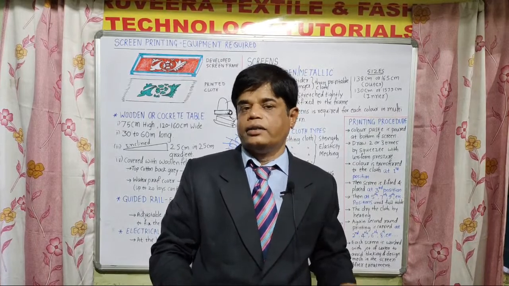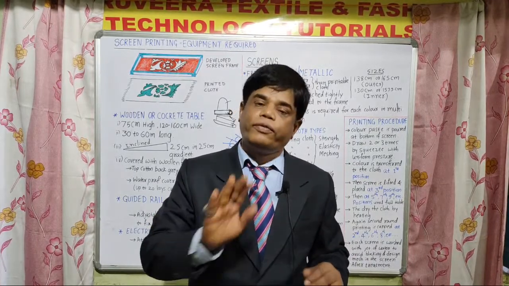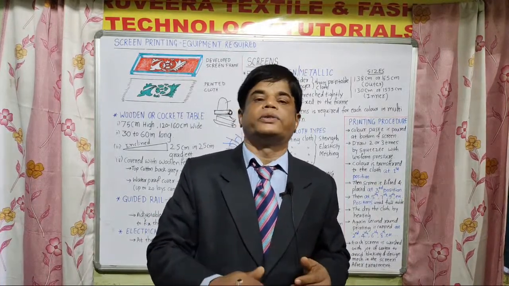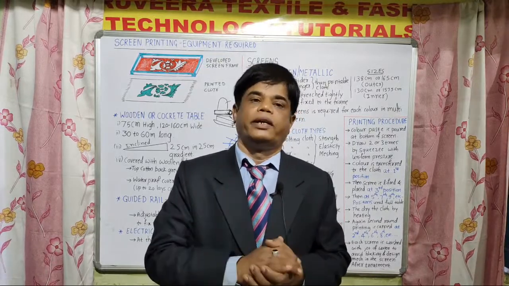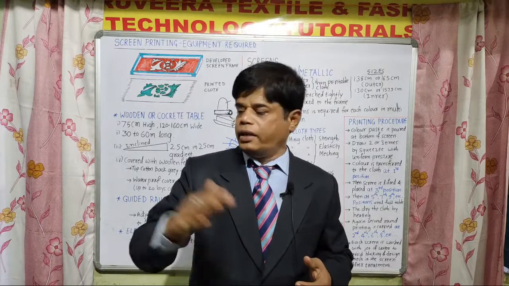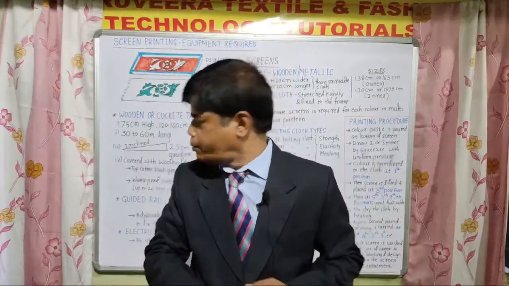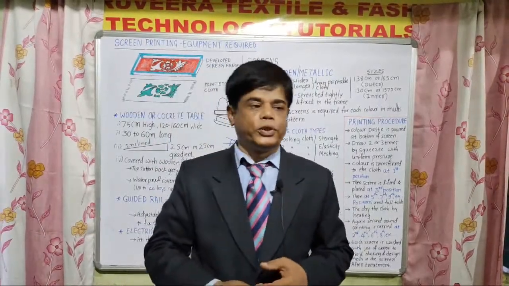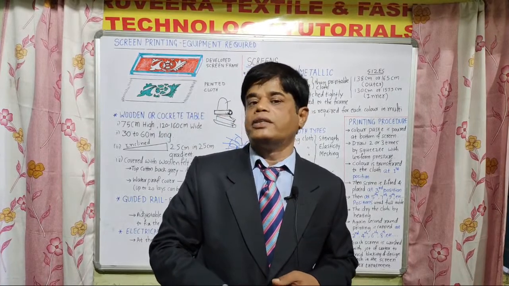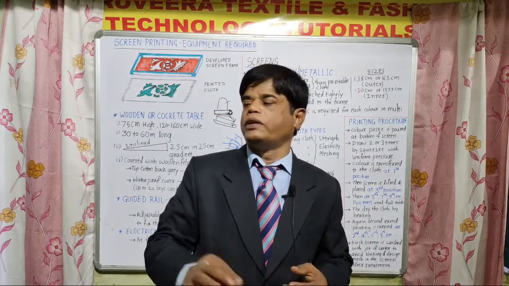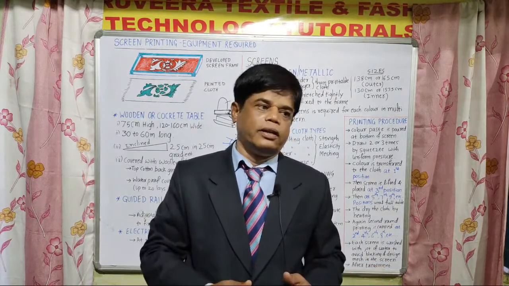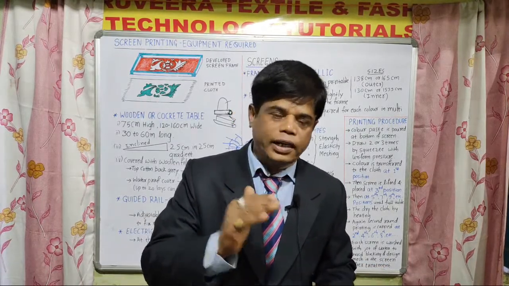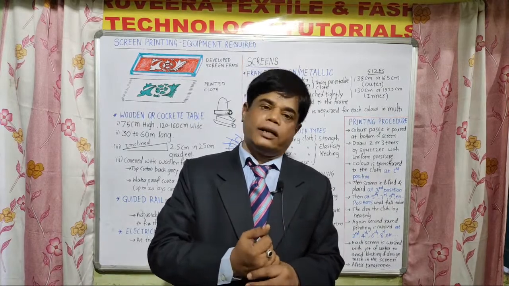Heating and drying are required. After drying, the printed cloth is taken for after treatment. We cannot use that fabric directly for producing end products. So it should be finished. After treatment is required for the consumer wear or end product, whatever is required. Regarding after treatment, I will take other classes.